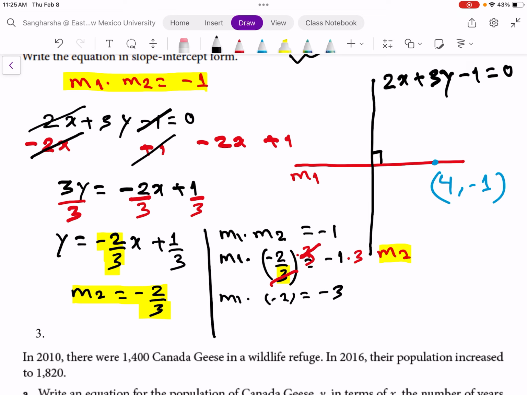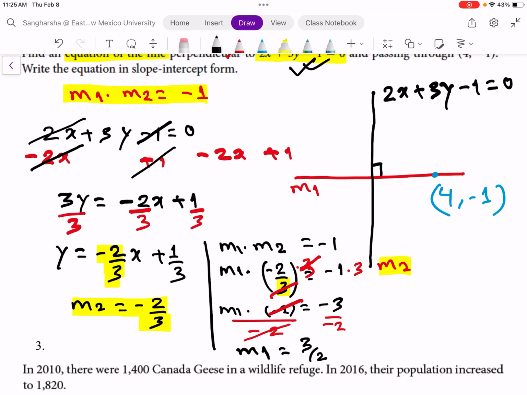Now we need to get rid of negative 2, so we divide both sides by negative 2. So the slope of the red line m1 is negative 3 divided by negative 2, that is positive 3 over 2. So the slope m1 is 3/2.